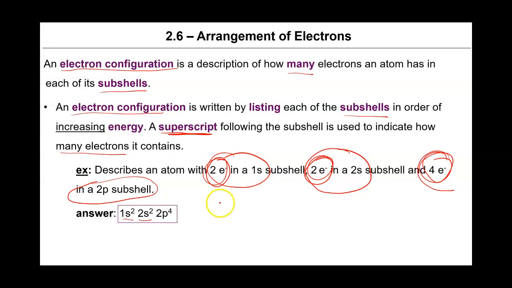So this atom in total would have 8 electrons.